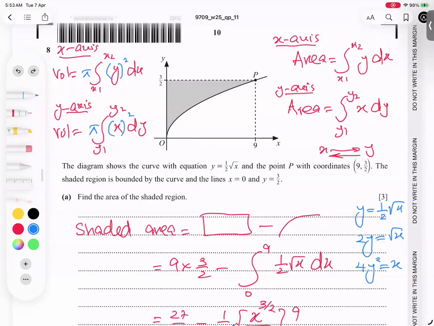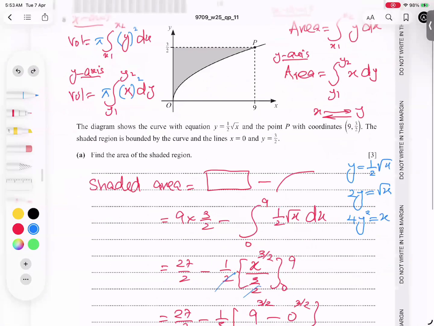So we are looking for this shaded area about the y-axis. The lower limit is 0, the upper limit is 3/2, and the x value is this, which we are going to replace. So I think the idea is very clear.